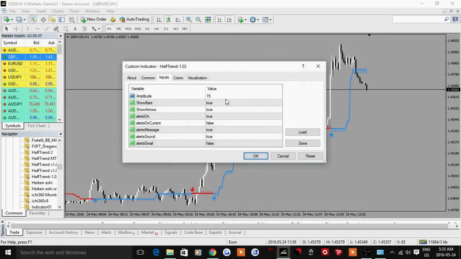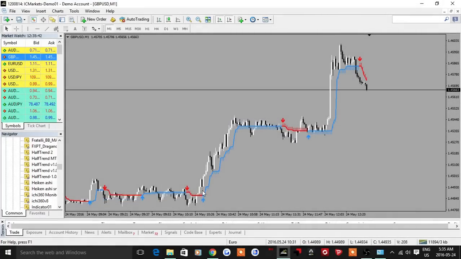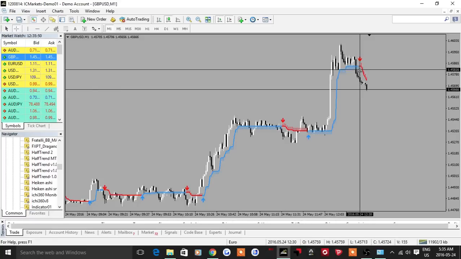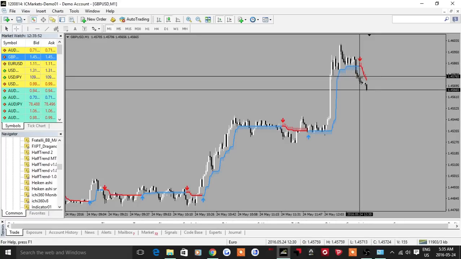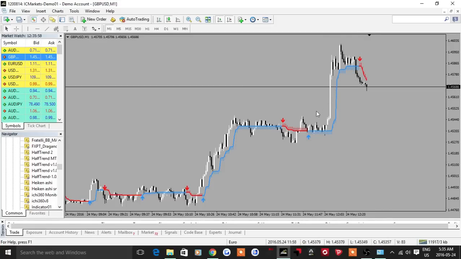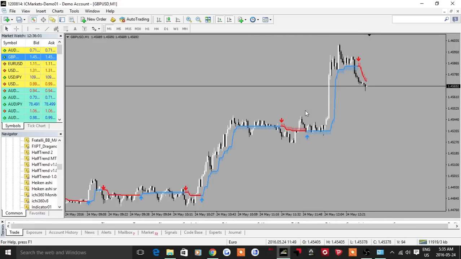But 5 has an advantage over 15: it gives you the signal a bit early, and it doesn't give you more false signals than 15. It does give you more, but not a lot. Plus it gives you signals which you should be able to get early on, like this, right? So this is already working in your favor. We'll try to use 5 for now, and then you can test it further however you want.